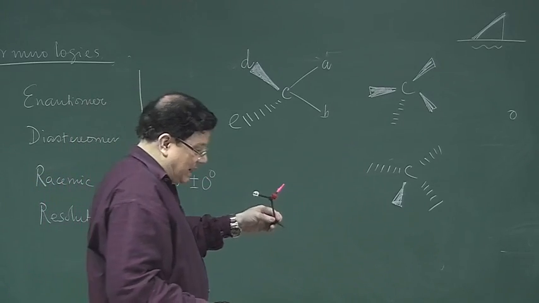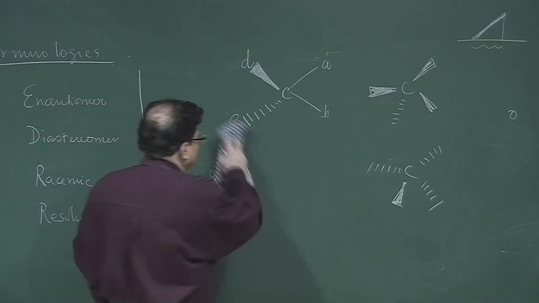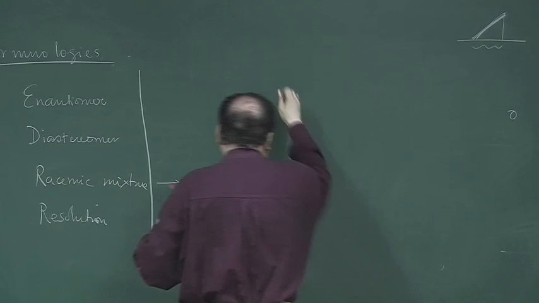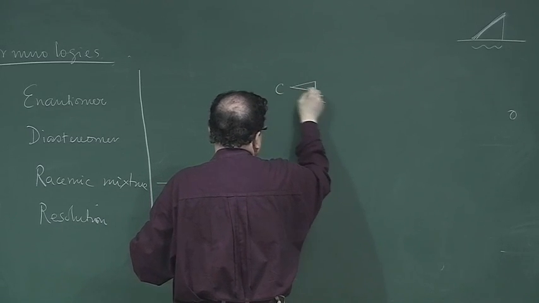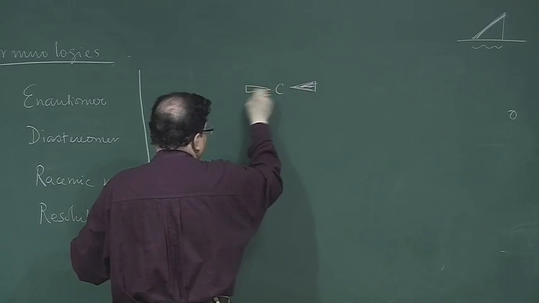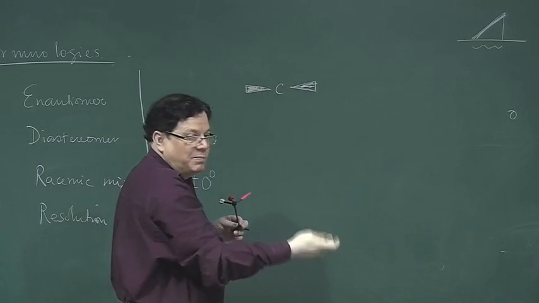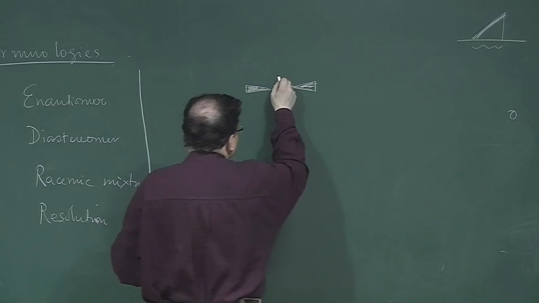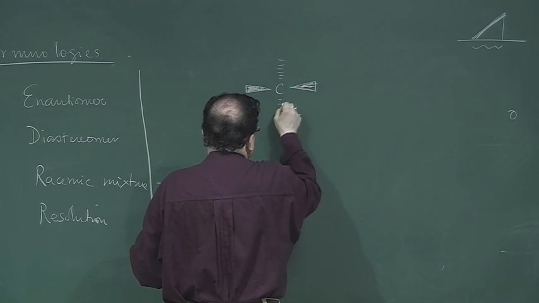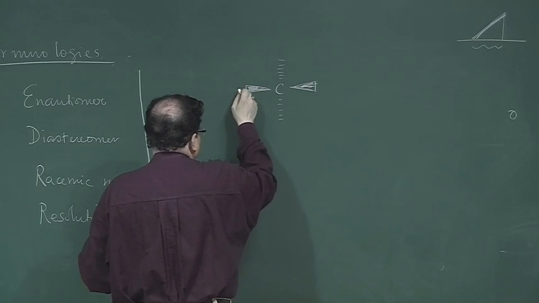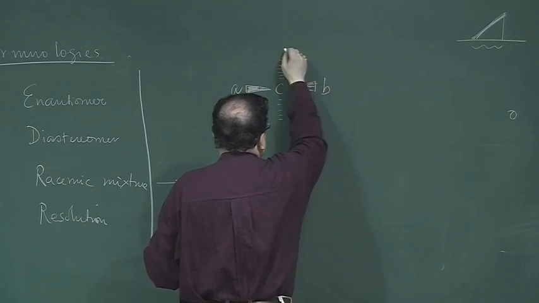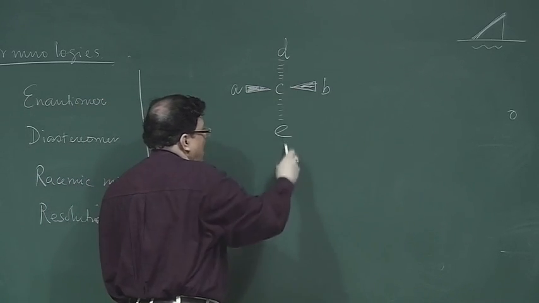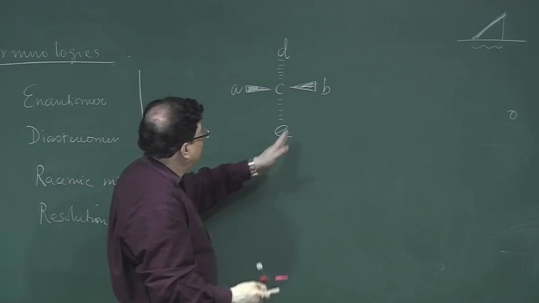So, basically what I am saying is that you hold the molecule in such a way that in the Wedge formula, it should look like this. These 2 bonds are towards the observer because they are now above the plane of this board, and the other 2 bonds will be away from the observer, but they are in the vertical line.